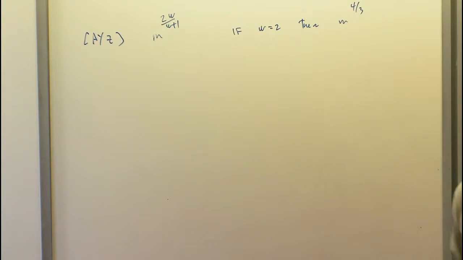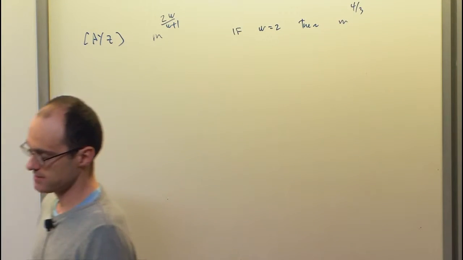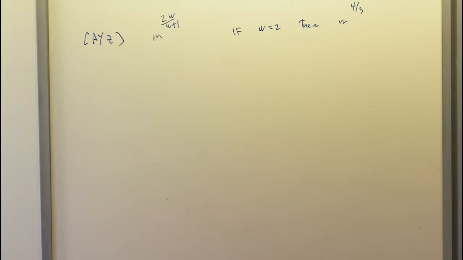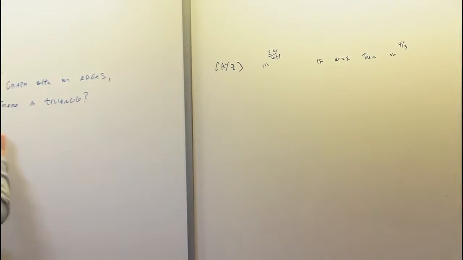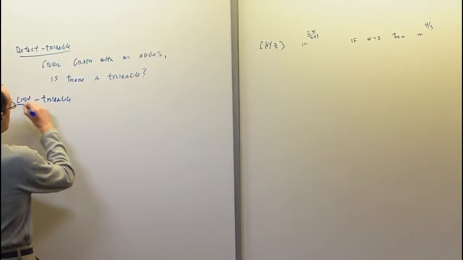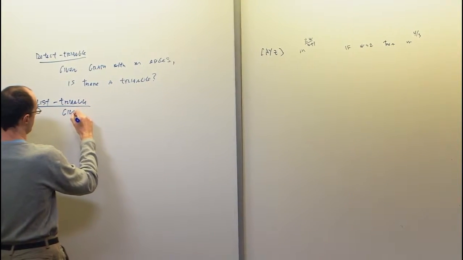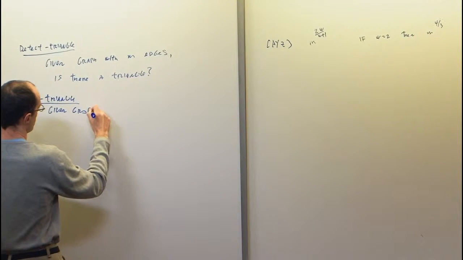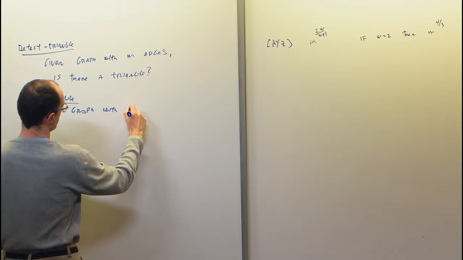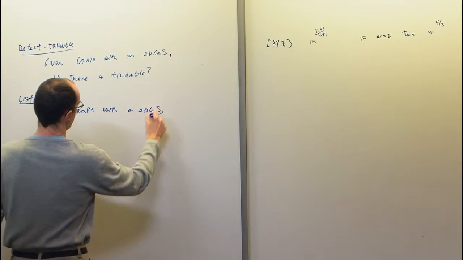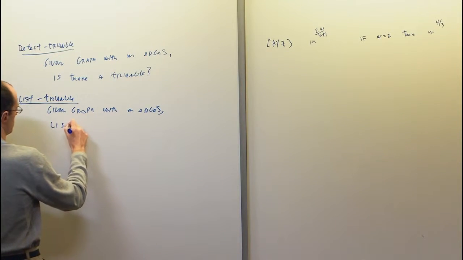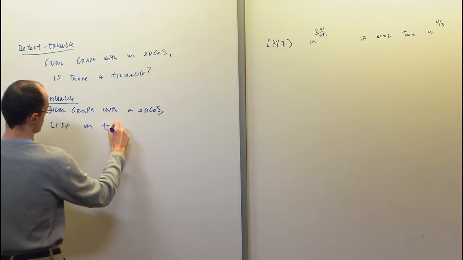The problem that's more relevant for our work, however, is a variant of this in which you want to list triangles. I'm going to call this list triangle. Again, you're given a graph with m edges, and you want to list m triangles.